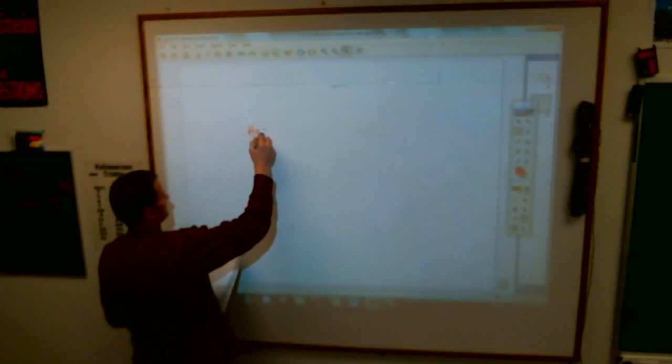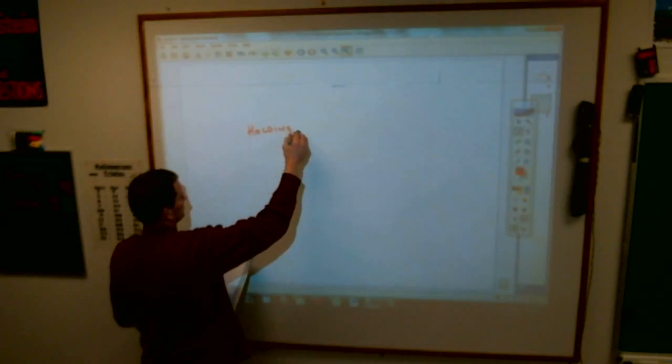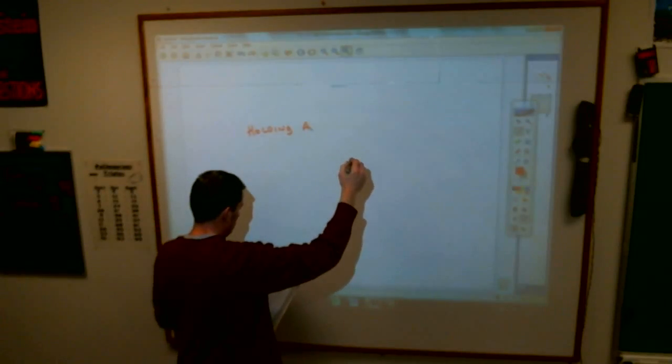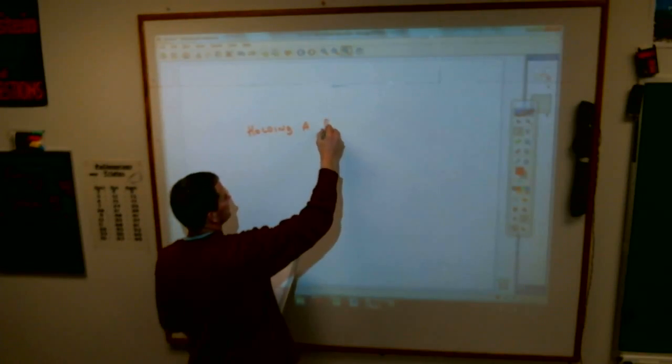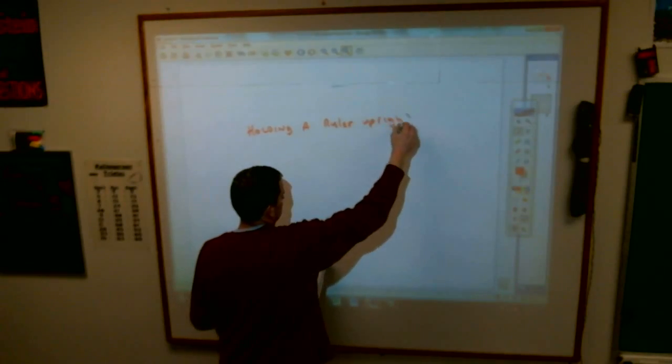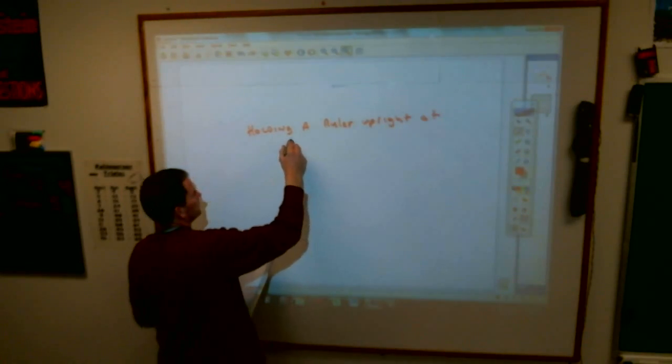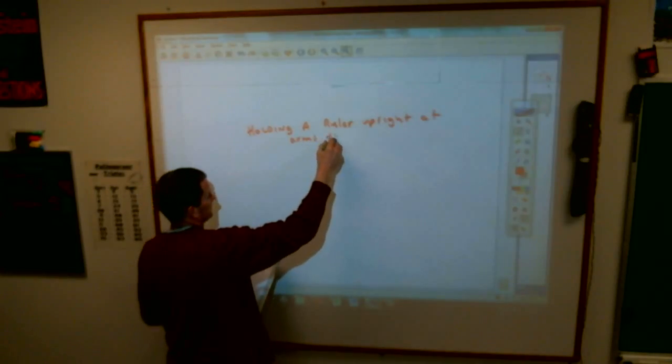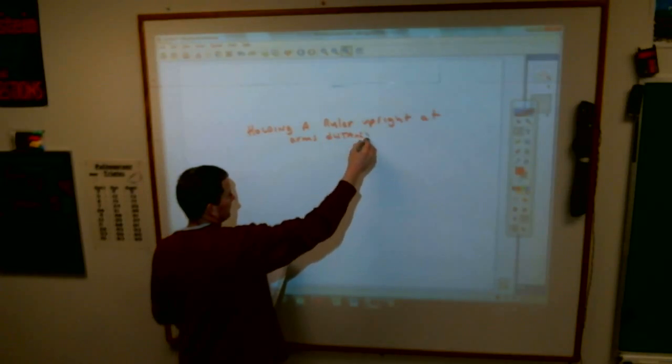Holding a ruler upright at arm's distance, a lot of words here, people, by the way.